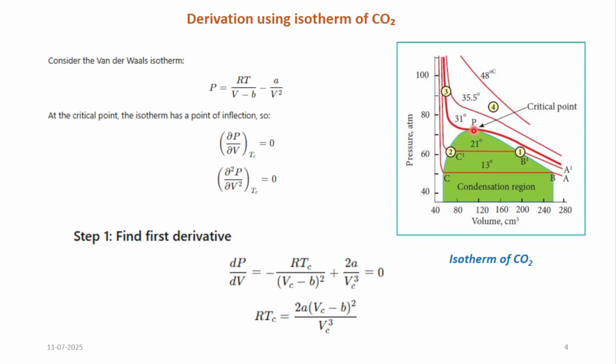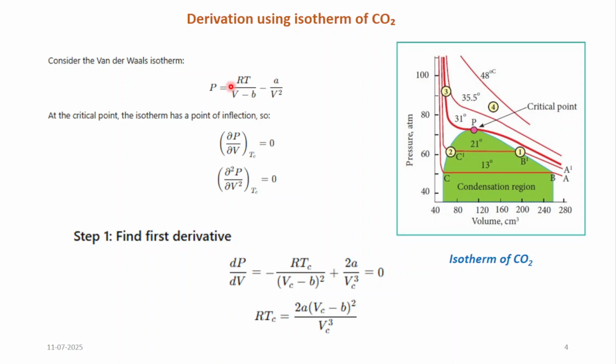So the first derivative, ∂P/∂V at constant temperature, should be 0. Similarly, the second partial derivative with respect to volume at constant temperature should also be equal to 0, because this is a point of inflection in this curve.